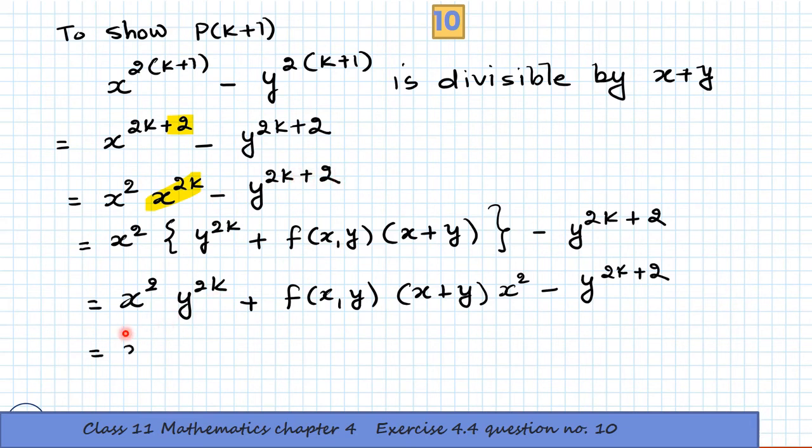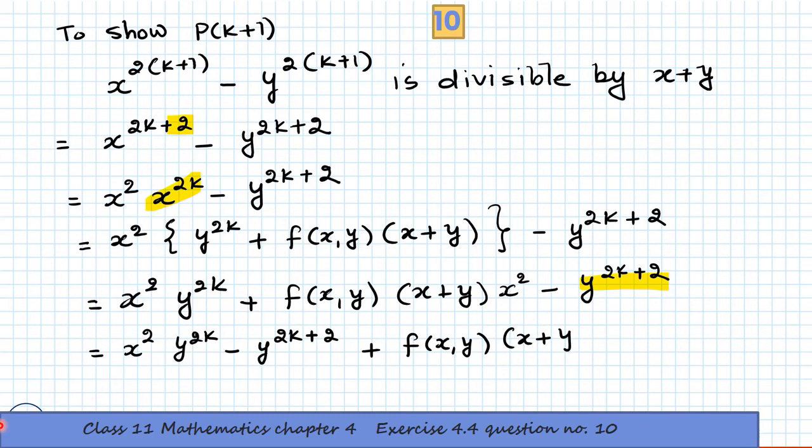Now, x square into y power 2k plus f of x comma y into x plus y into x square, then minus y power 2k plus 2 is equal to x square into y power 2k.